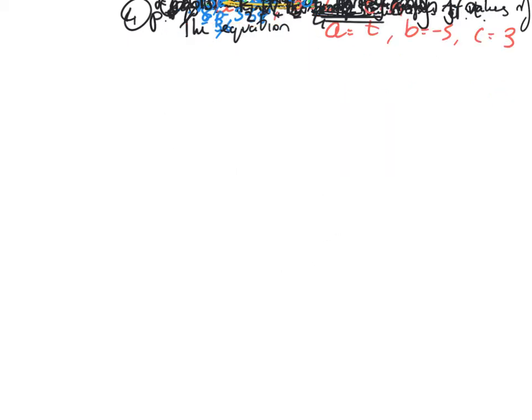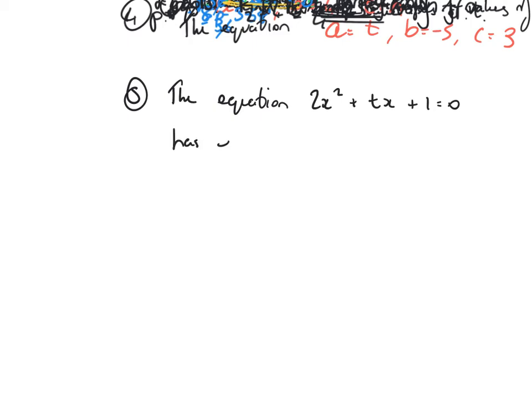Okay, and example 5. The equation 2x squared plus tx plus 1 equals 0 has equal roots this time.